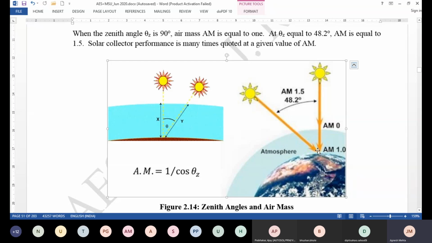It is always coming at an angle, so in a way the quality of the radiation is poorer. The more the angle, or the more the air mass, the direct radiation percentage reduces and the diffuse radiation percentage increases, and the intensity is also less.